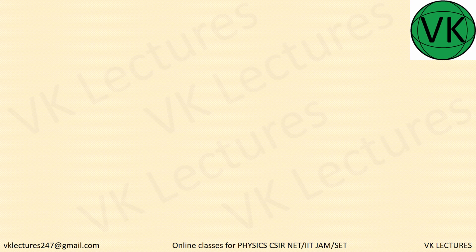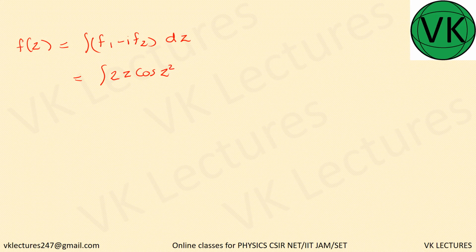So we got f of z as integral of f1 minus i f2 into dz. That means integral of 2z cos z square dz minus i integral of minus 2z sine z square dz.